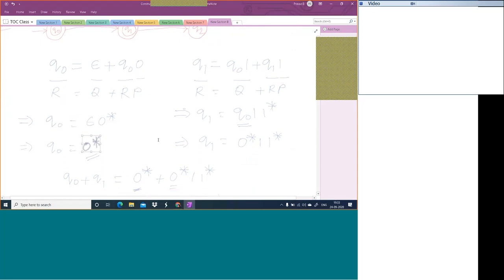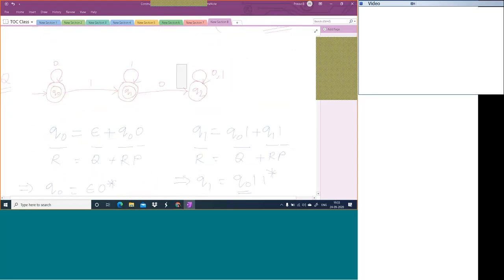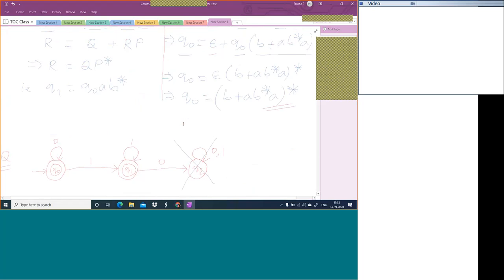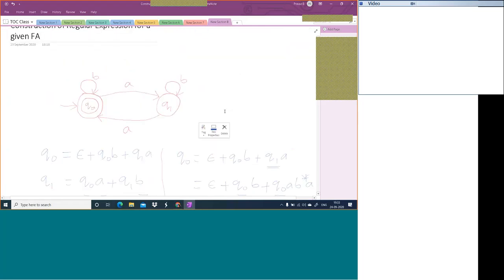What is the result? Of course, here I have not used Q2. Can anybody say the answer? Why have I not used Q2? Because Q2 is a non-final state.